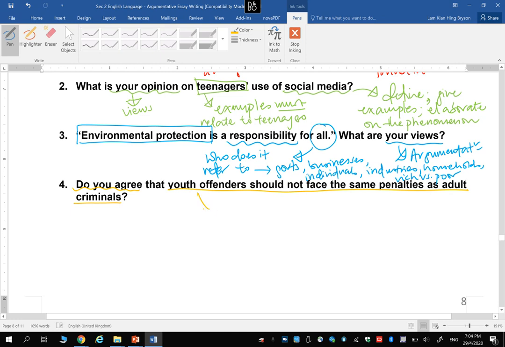Okay, so it requires you to do a comparison between the two, the youth offenders versus adult criminals. All right, and how could you break it down even further? Okay, you could say, okay, same penalties. Yes, they should have the same penalties.